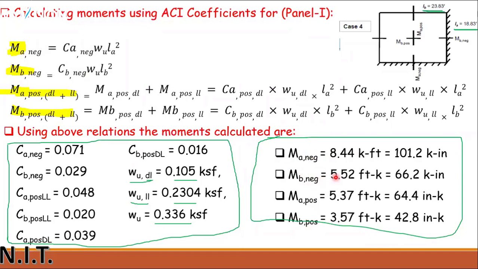This is in kip feet; multiply with 12 and you will get the answer in kip inches. Once you have calculated the moments for panel 1, now we can calculate for panel 2.